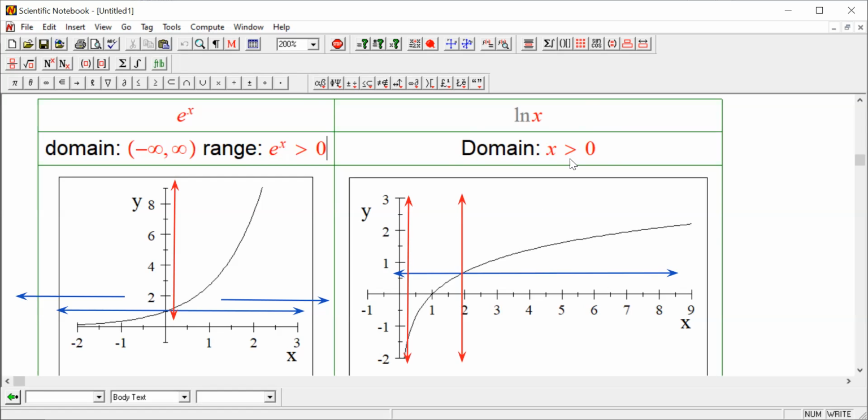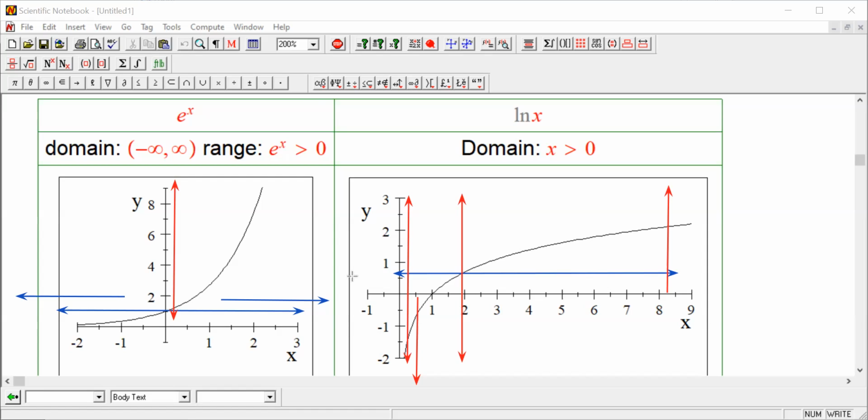And the range for ln x: if you look at the curve vertically, it could go as low as possible, to negative infinity in this direction. In the vertical direction, it goes as low as possible, so the range goes from negative infinity to as high as possible. It goes as high as possible, slowly.